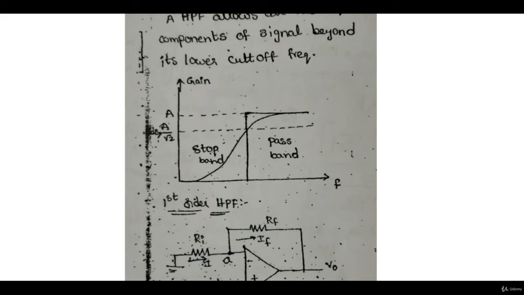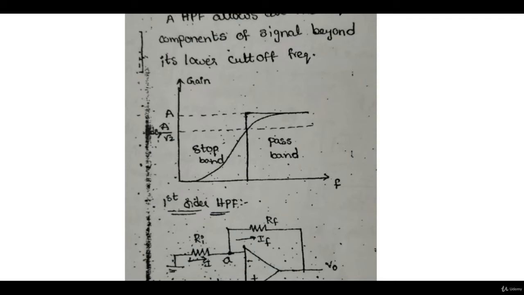Ideally it should provide this, and this is the 3 dB frequency. 3 dB means your gain will be A by root 2 at this frequency. Okay, cutoff frequency. So this is the typical characteristic we want.